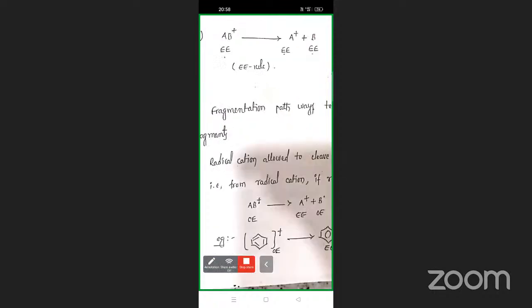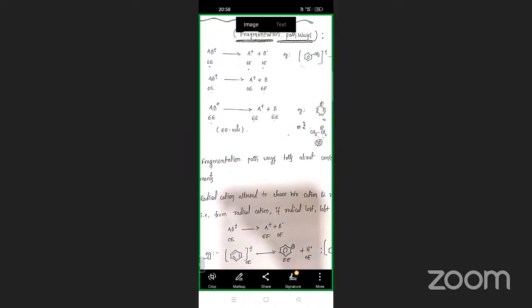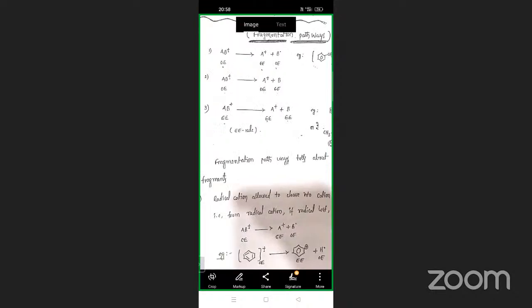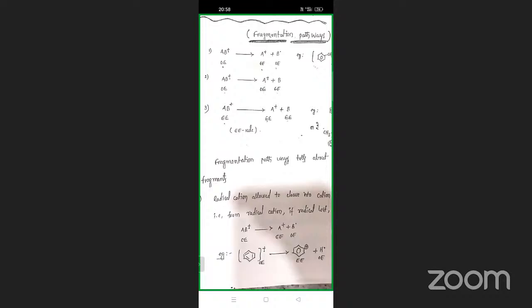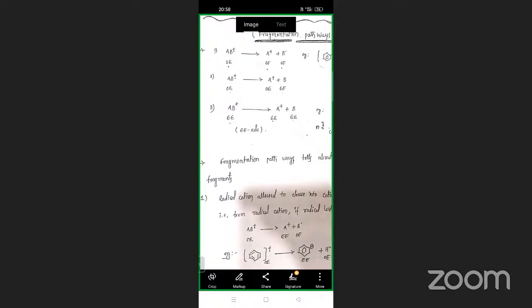Here we can see this pathway with one example. We are taking benzene, the benzene molecular ion with the odd electron. This odd-electron benzene undergoes fragmentation by losing a hydrogen radical.